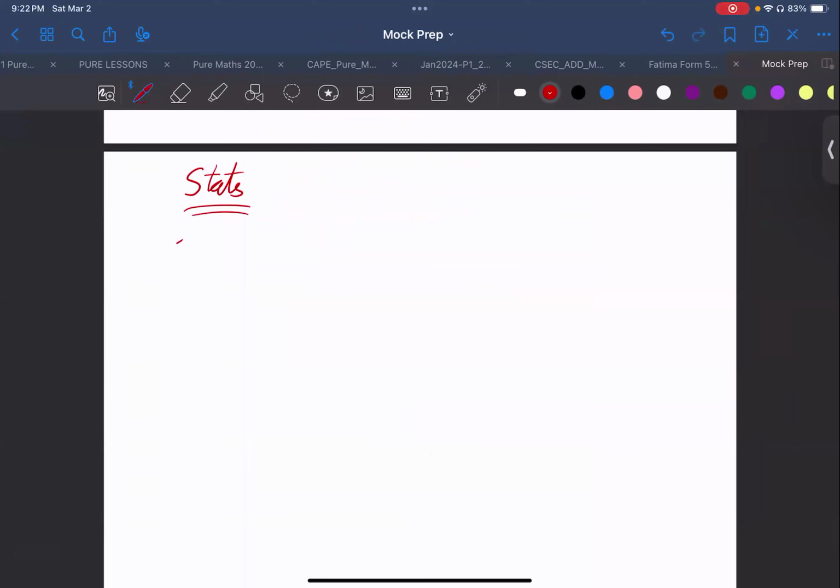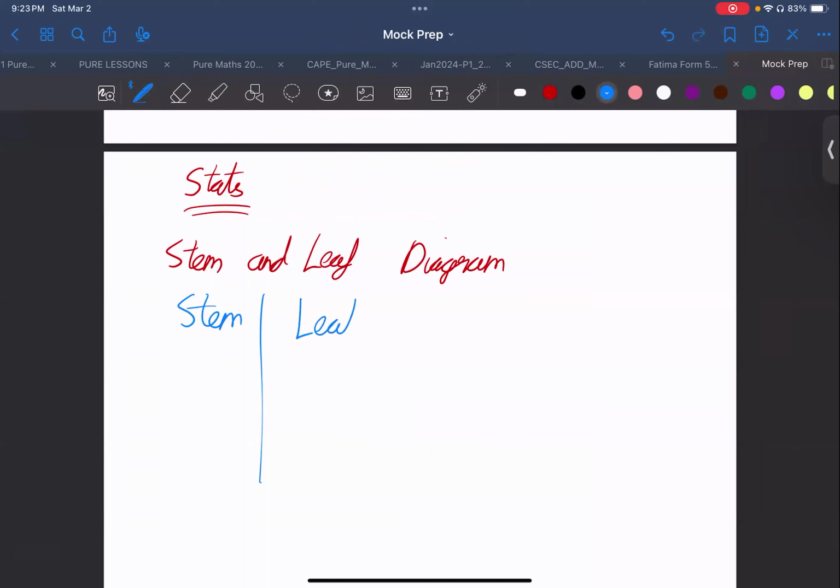Right, we have the stem and leaf diagram. So you have the stem, you have the leaf. This is the first part of the number. This is the second part of the number.